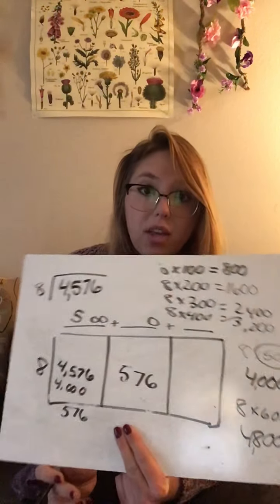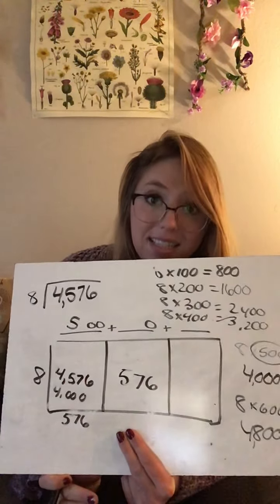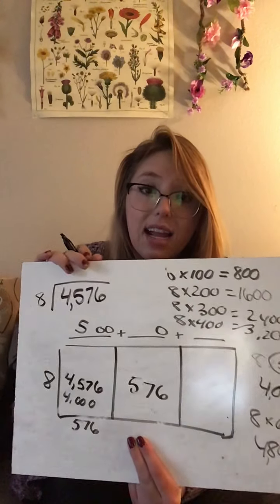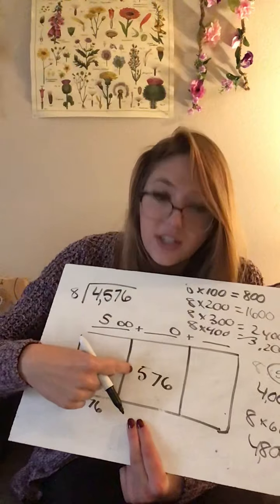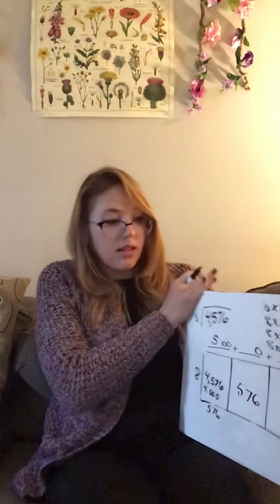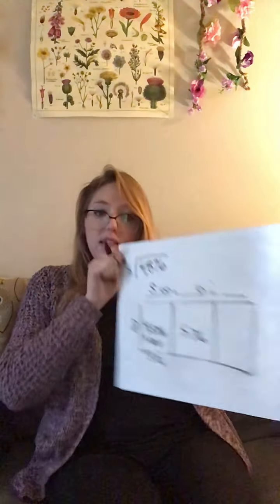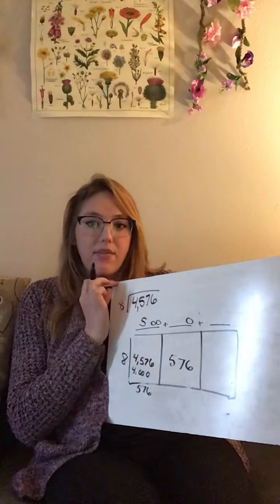We're going to repeat the work again, but this time we're thinking about tens and not hundreds. 8 times how many tens gets us as close as we can to 576? Let me erase some of my work here for hundreds so I can try my tens. I'm going to start with 8 times 10 and move up using my 8 facts.